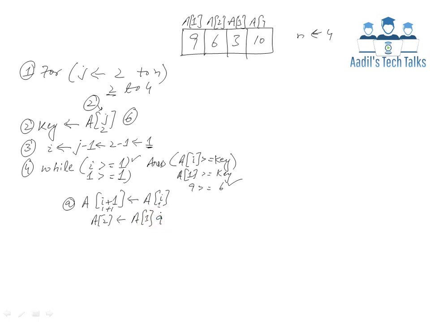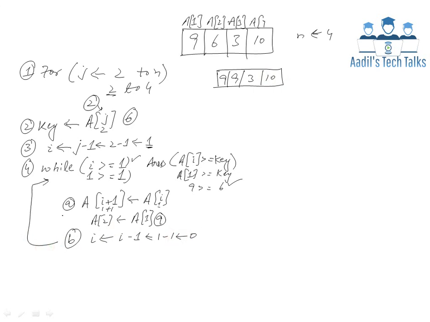Value of a1 is 9. So 9 is moved to the second location. So this is the execution. Step number b, i gets i minus 1. i is 1, so 1 minus 1 is 0.